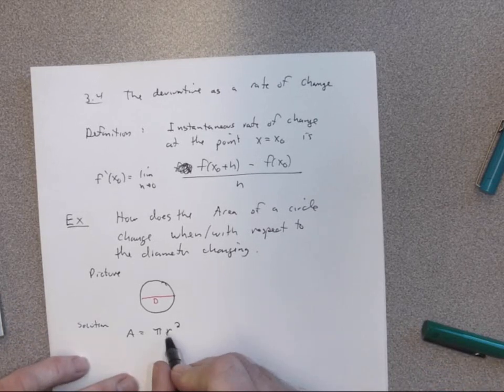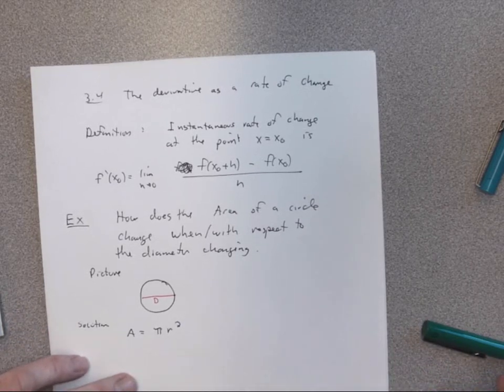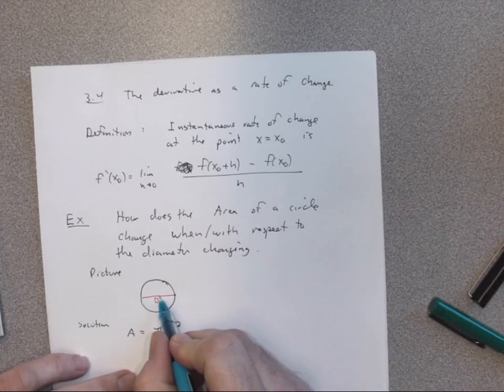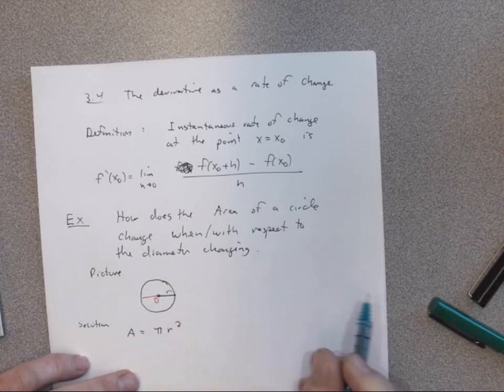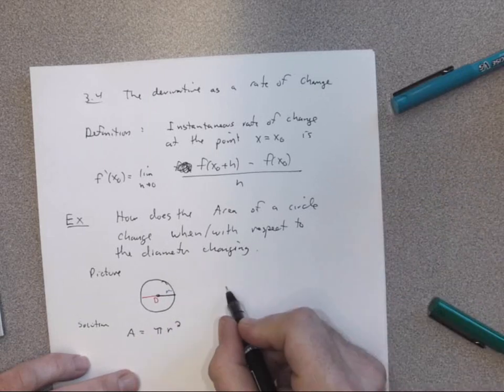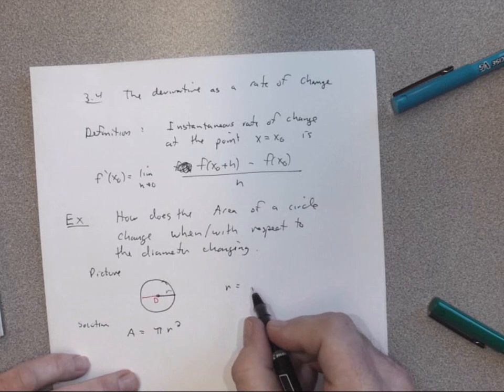So I don't want r in here. What I want is d in here. So we know that if d is this, then r is this, right? R is going to be from the midpoint over, so that would be r. So what we know is that r and d are related. That r is equal to 1/2 d.